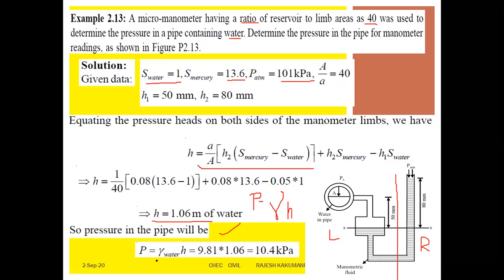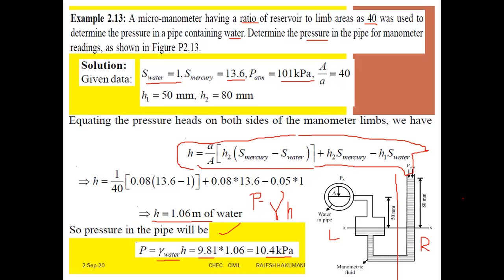In some problems or books you will get W here, so P is equal to W into H. The weight of water is 9.81 into 1.06, that is 10 kilopascals, the pressure to be determined in the pipe for the manometer reading, right? So this is the formula you have to apply whenever you have the specific weight of two liquids as well as the ratio of the limb areas for the manometer.